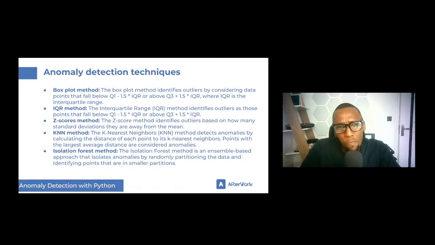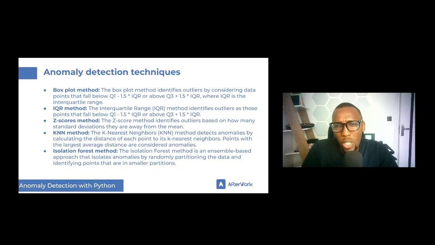On the other hand, one of the most used methods for anomaly detection, and usually the highly recommended one, is isolation forest, which is an ensemble based approach that uses decision trees to isolate anomalies, or to single out anomalies by partitioning data and identifying points that are in similar partitions.